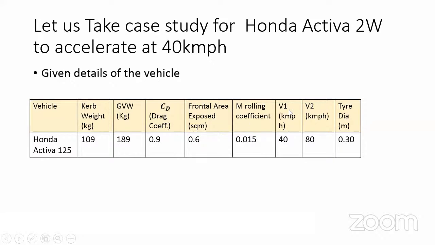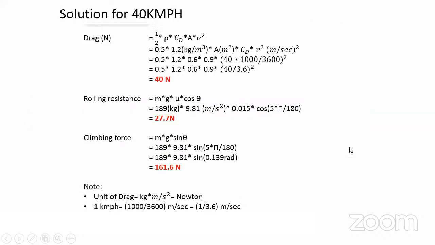I have also taken two velocities, V1 and V2. I wanted to see how much force, or how much electricity, I have to supply if I move at 40 kilometers per hour or at 80 kilometers per hour. And the tire I have taken as 0.3 meter or 300 mm.